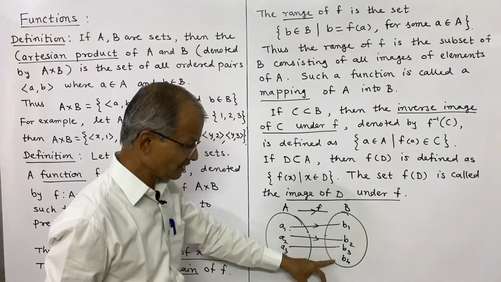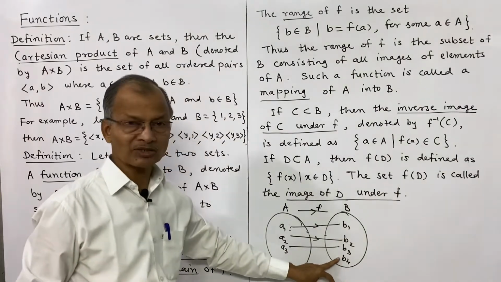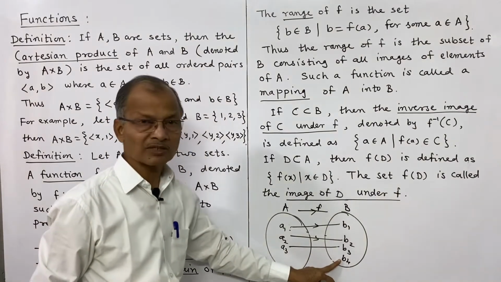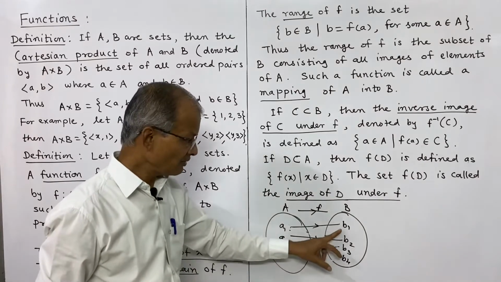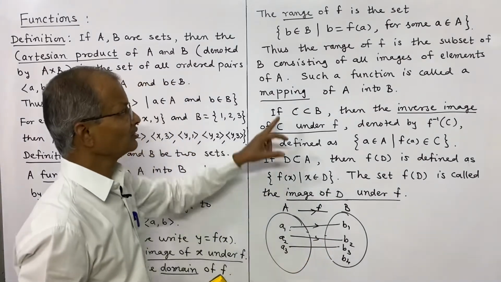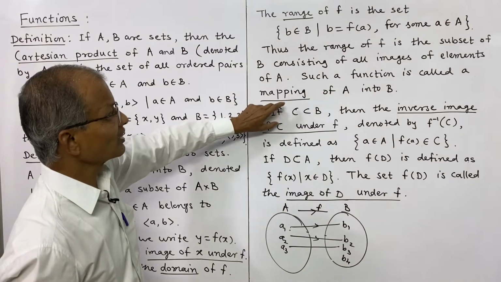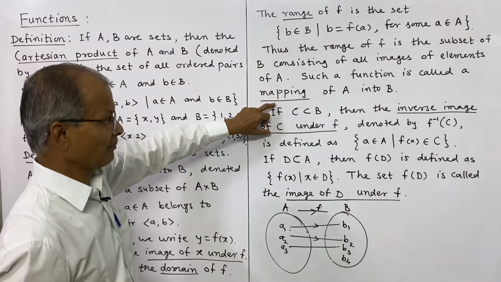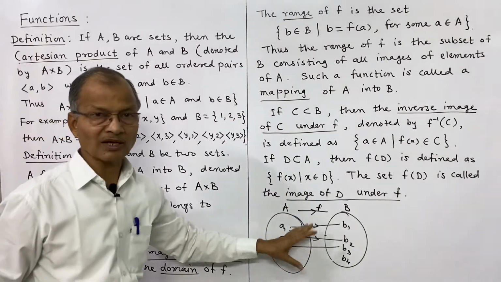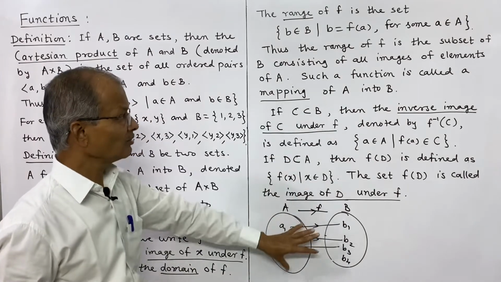So b4 is not in the range of f. Only b1, b2, b3 will be in the range of f, and such a function is also called a mapping. So we call a function a mapping of A into B.